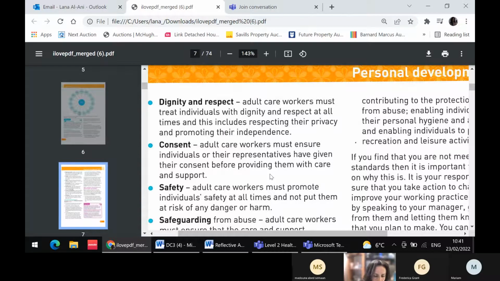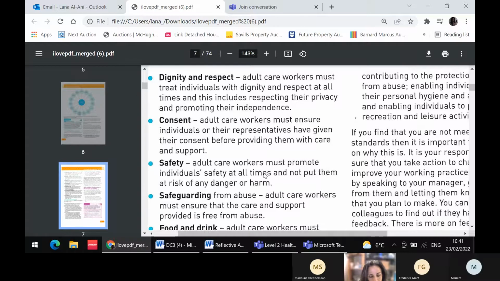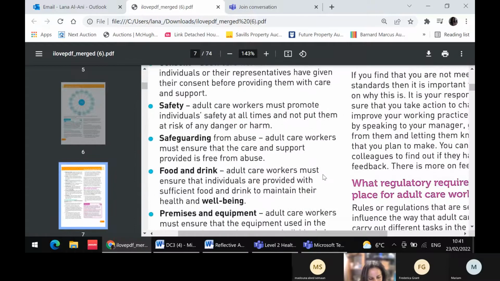And also safety. An adult care worker must promote individual safety at all times. So you always make sure that your client is safe and secure. Safeguarding from abuse: you need to make sure that your client is safe from any abuse that they might have.